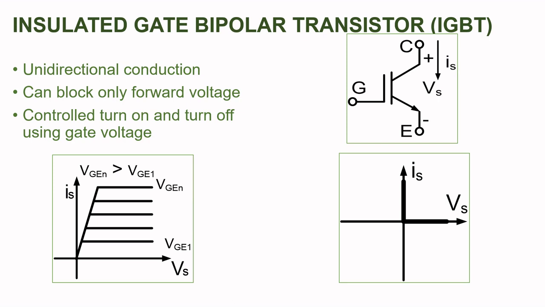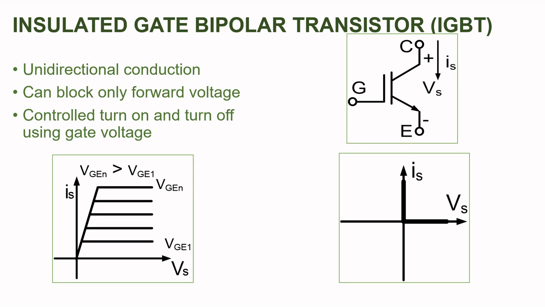VI characteristics of IGBT are shown in the figure. Similar to MOSFET, IGBT is also a voltage controlled device. When we are going to use IGBT in a power electronic converter, we are going to utilize the saturation region and cutoff region of the characteristics.